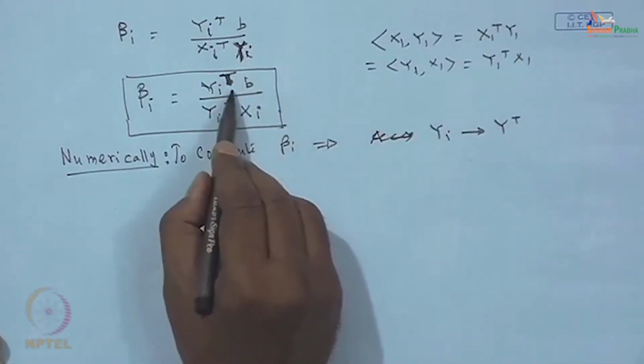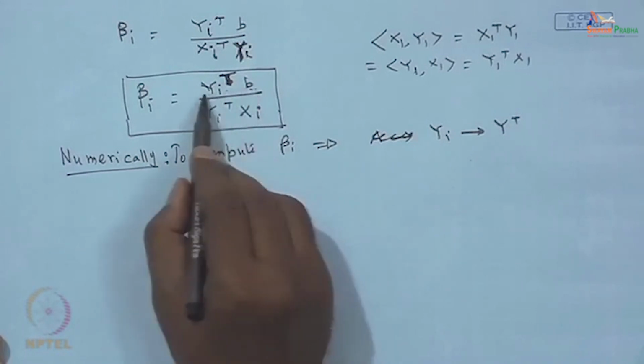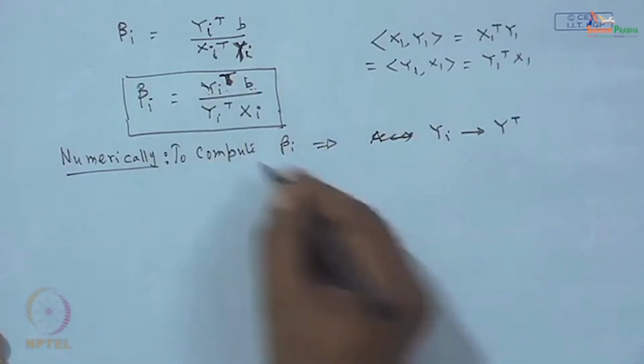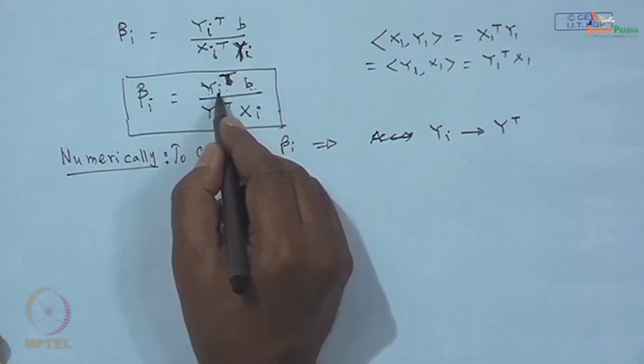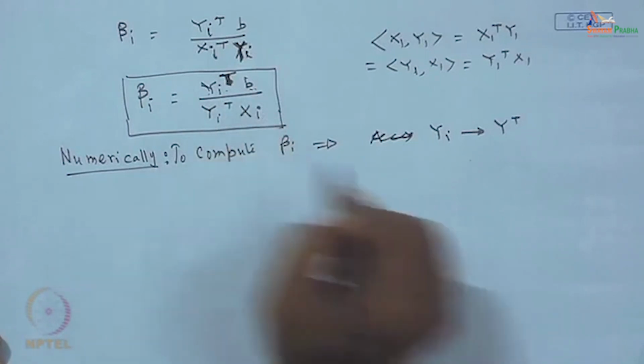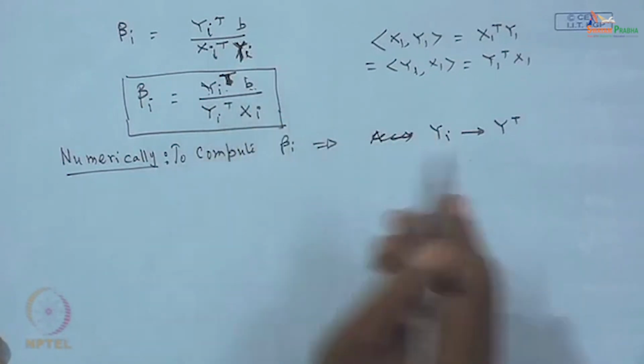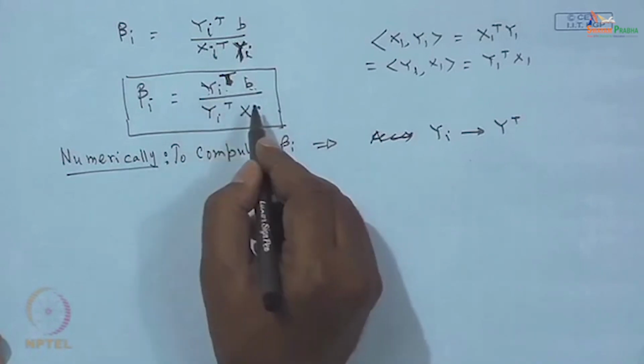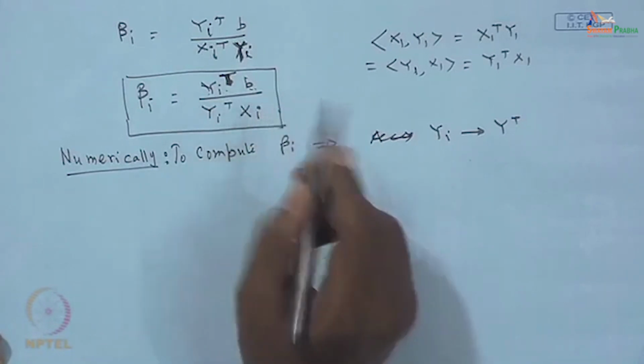Next is the multiplication of two vectors or two matrices. This is 1 into n, this is n into 1. You can have a matrix multiplication, and if you remember, it is basically multiplying the corresponding terms and then adding them up.